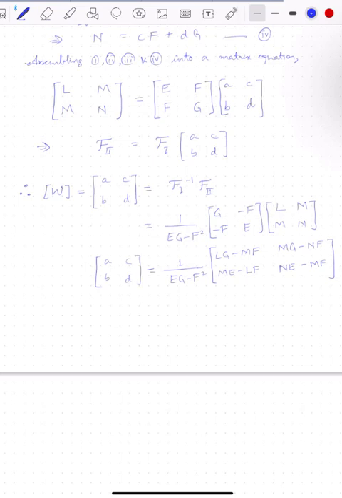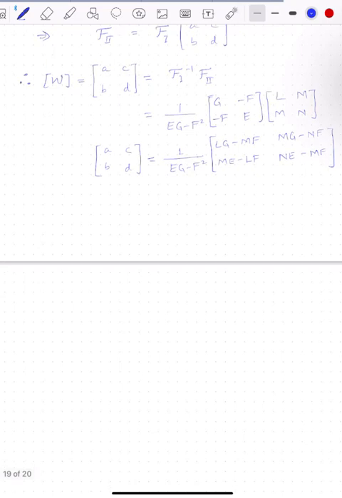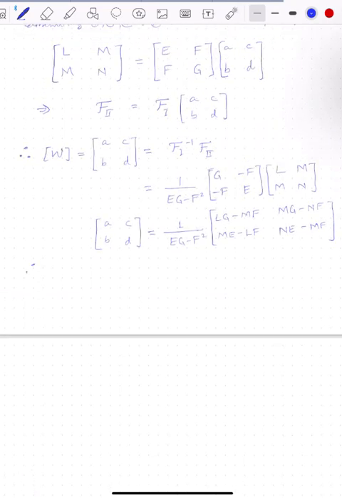Okay. So from here we can easily determine, as we recall, the Gauss curvature K. So the Gauss curvature K is equal to the determinant of F inverse.